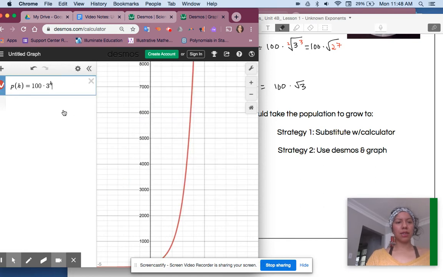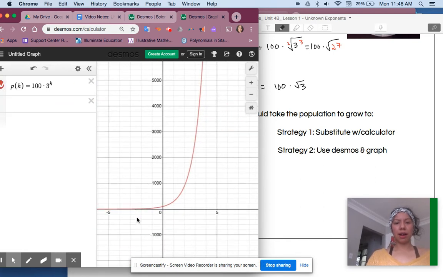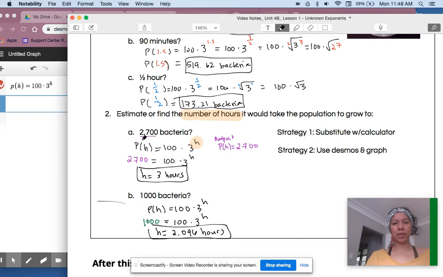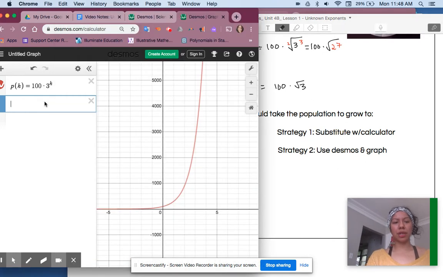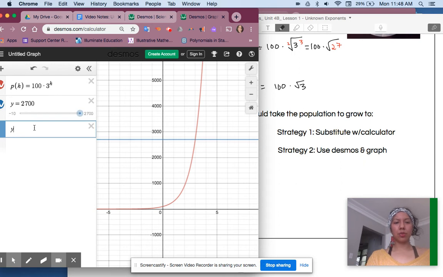Okay, so once you have your equation, that's our graph, and as we can clearly see it's an exponential equation, the population growth. Now, when we want to find out a specific time for a specific population, whatever the output is, like 2,700 and 1,000, we're just going to do a different equation where y equals that number. So 2,700, and then also y equals 1,000.